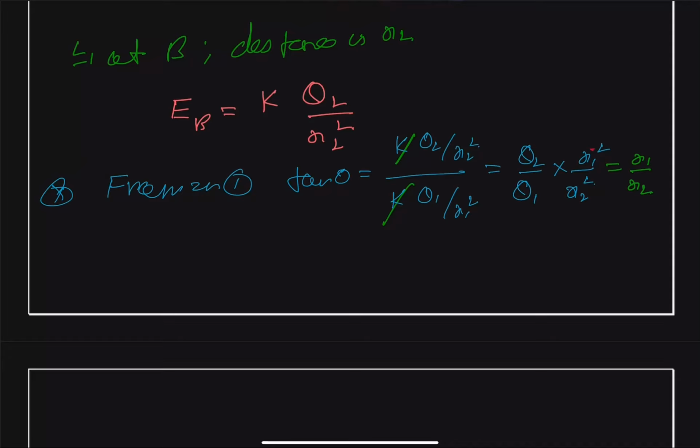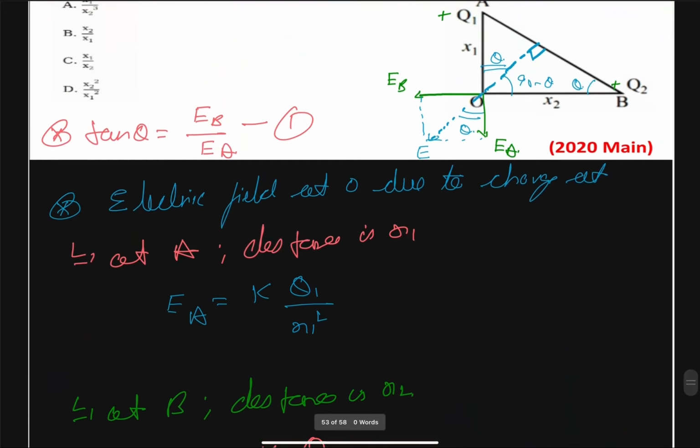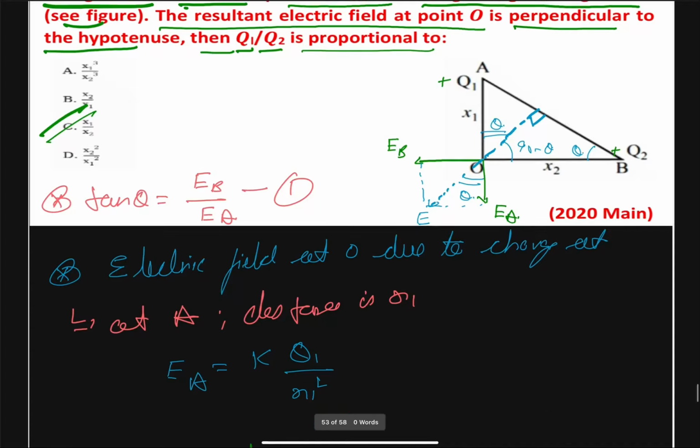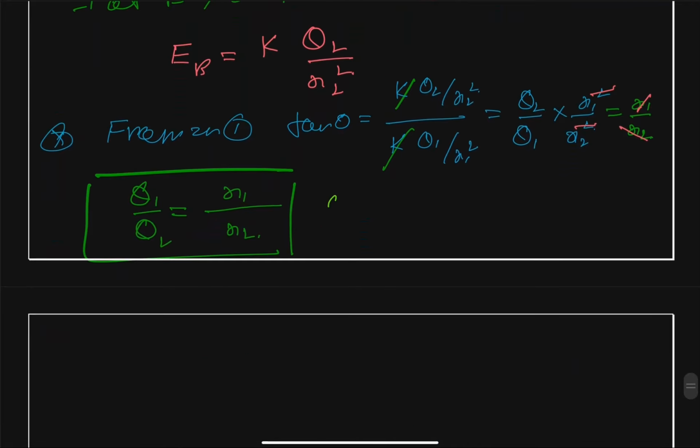We need to find Q1 by Q2, so we get Q1 by Q2 will be equal to x1 by x2. And this gives us that option C is correct.